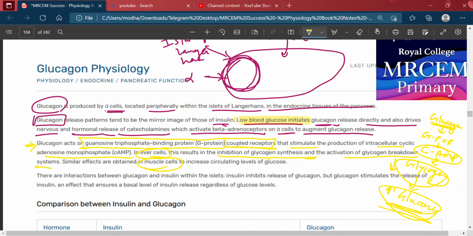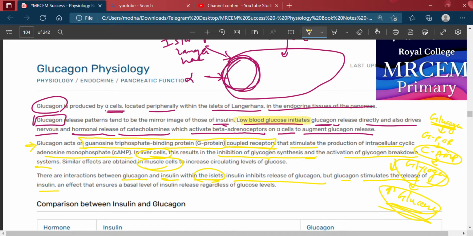There is an interaction between glucagon and insulin within the islet. Insulin inhibits the release of glucagon, but glucagon stimulates the release of insulin.